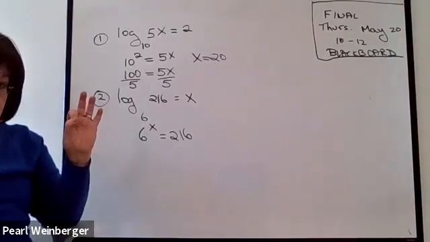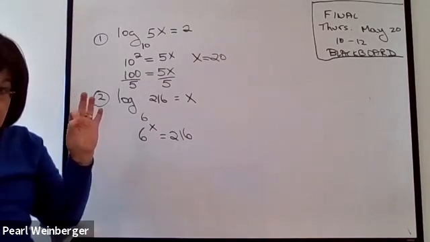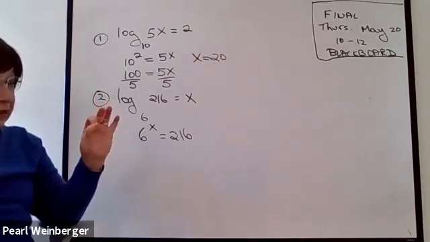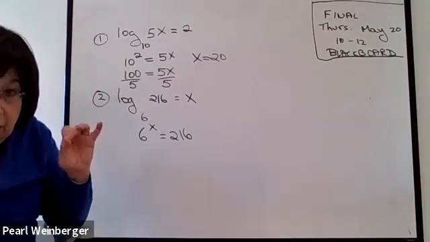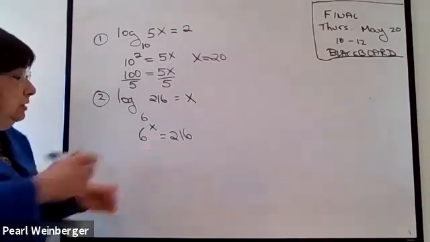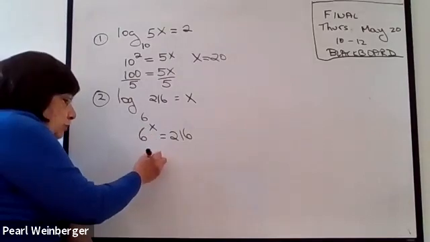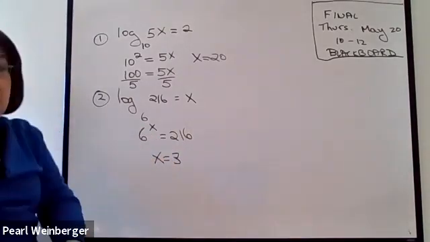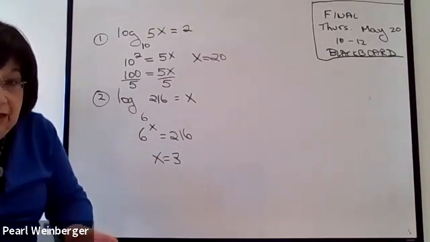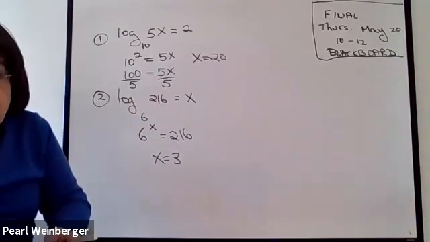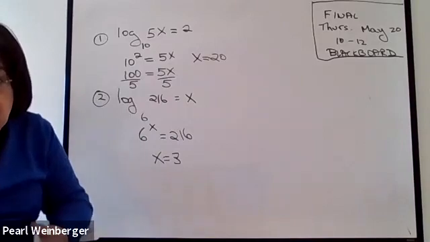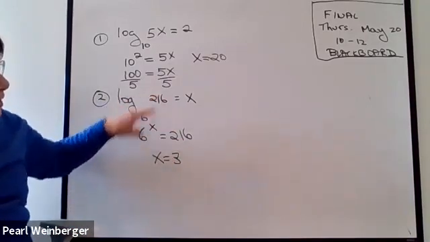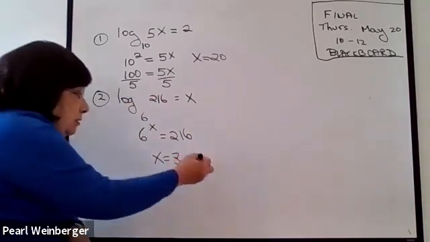Then if we multiply 36 by 6 again, that's when we get to 216. In other words, x would have to be equal to 3. If you try 6 to the exponent 3, or multiply 6 times 6 times 6, that's when you're going to get 216. So the answer here is 3.